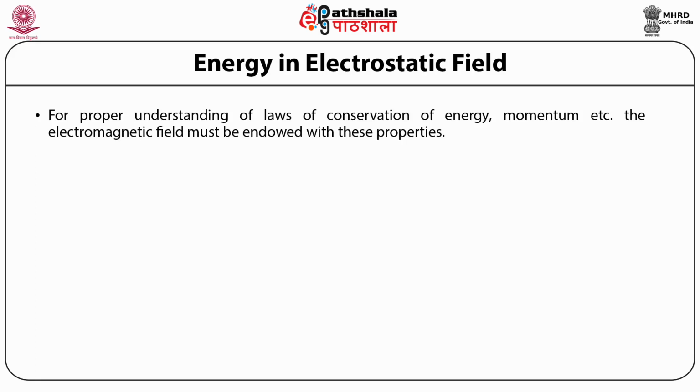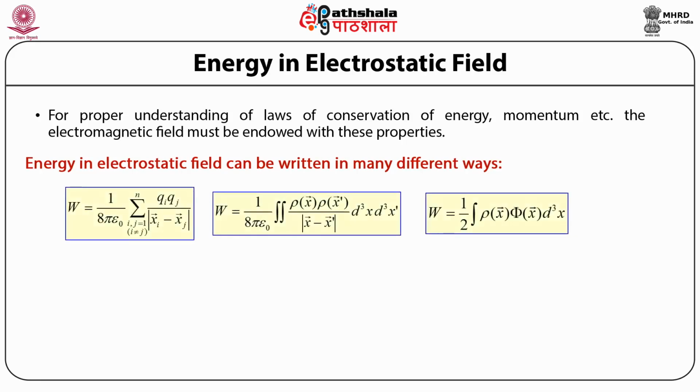One of the very familiar expressions is that W, which also represents the work done, is equal to 1 upon 8 pi epsilon naught times the summation over i and j going from 1 to n, where i is not equal to j, of q_i q_j upon modulus of vector x_i minus vector x_j. Here i and j represent two different charged particles whose charges are q_i and q_j, while their respective position vectors with respect to a common origin are vector x_i and vector x_j.